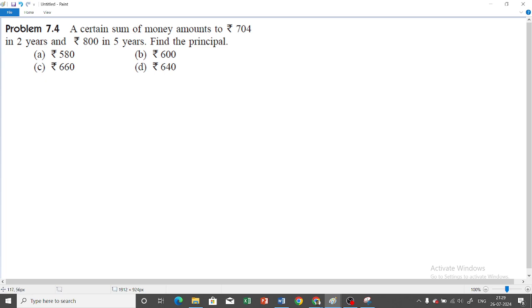This is very easy. A certain sum of money amounts to this in 2 years and this in 3 years. Find the principal.